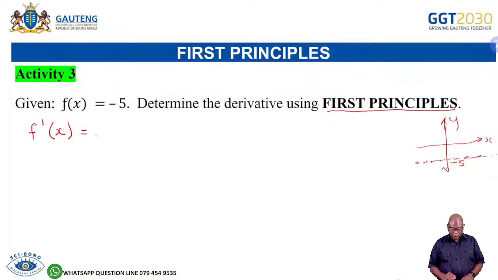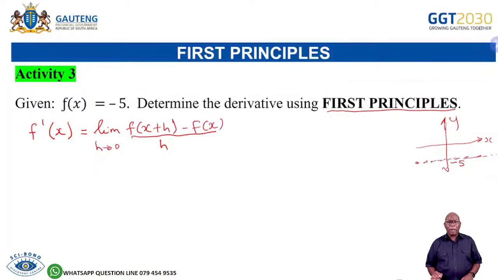But let's check. I'm going to do the limit of, so first we write down the formula, f of x plus h minus f of x, all divided by h, when h is approaching 0. Right? I cannot substitute h by 0 immediately, because then the whole thing becomes undefined. So now I'm going to substitute the value of x. Can we see an x in that negative 5?